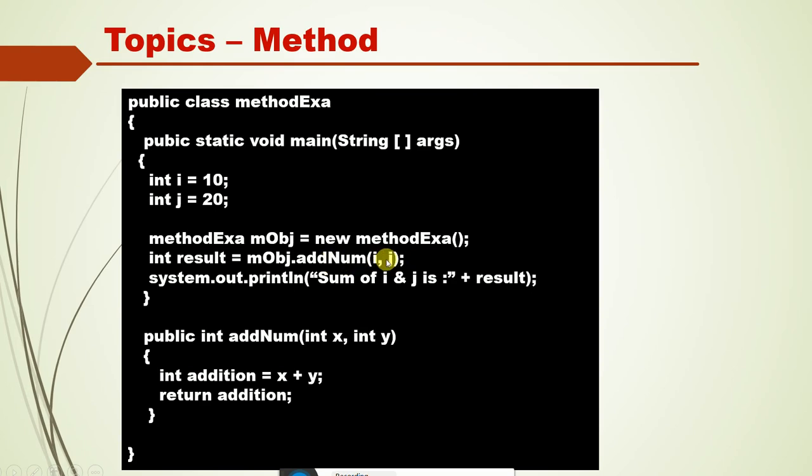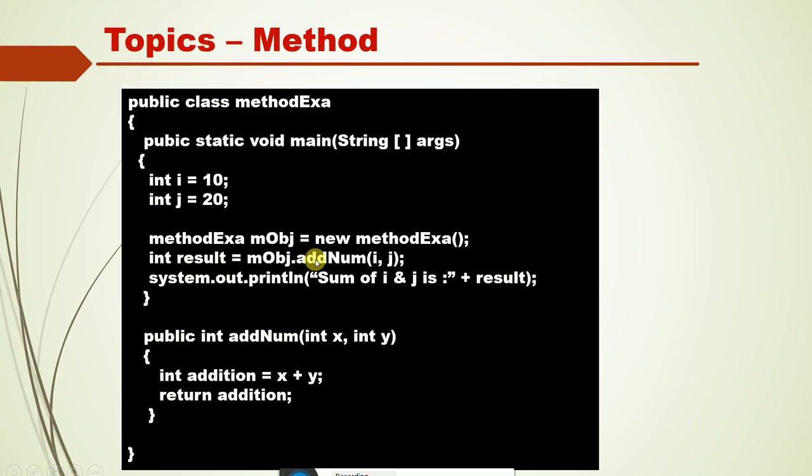See the method declaration just below: public int addNum. Inside this method we accept two values, integer x and integer y. Inside it we declare another variable, int addition equal to x plus y, and this method will return addition.